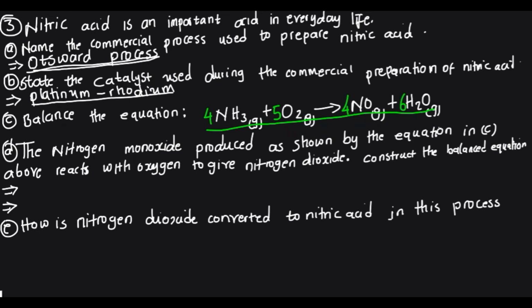Now let's move on to question D. The nitrogen monoxide produced as shown by the equation in C above reacts with oxygen to give nitrogen dioxide. So construct the balanced equation.